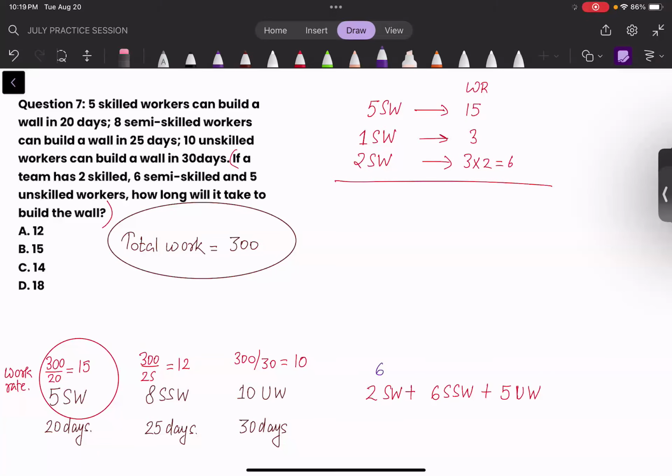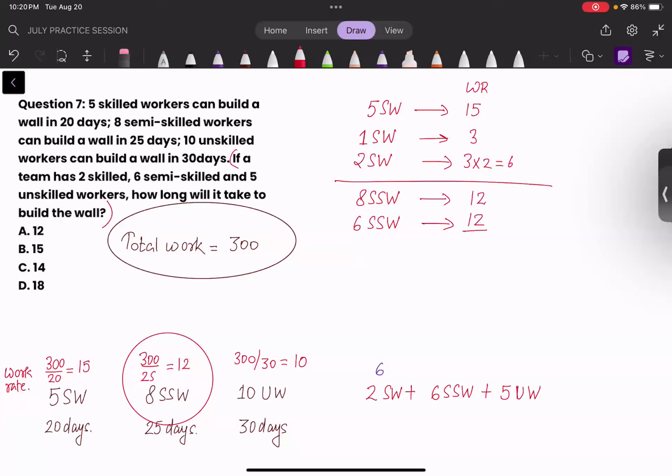Let's take the semi-skilled workers now. Observe this part only. 8 semi-skilled workers have a work rate of 12. I want to calculate for 6. First tell me one semi-skilled worker. One person will have 12 by 8, that will come out to be 1.5.